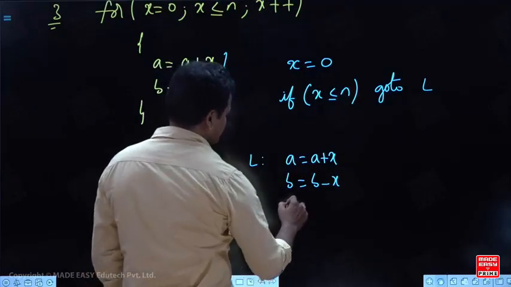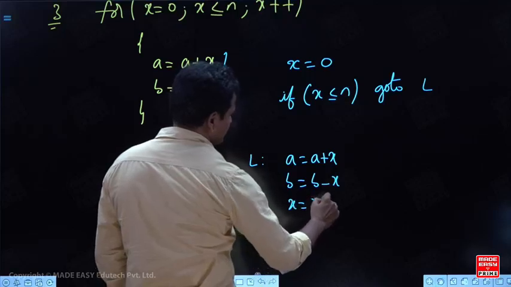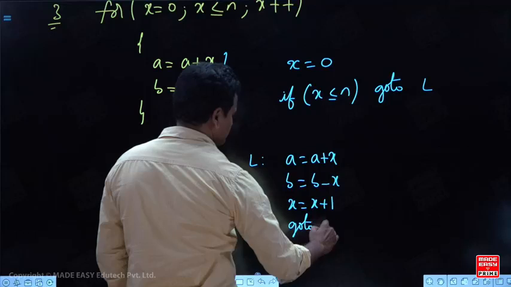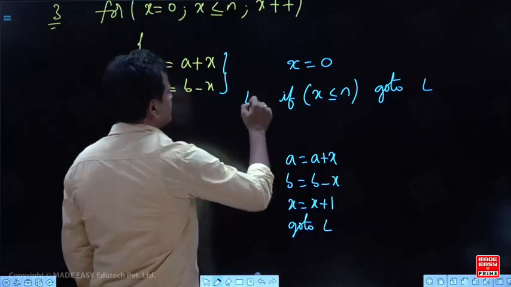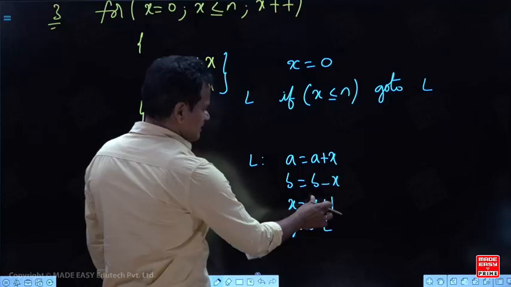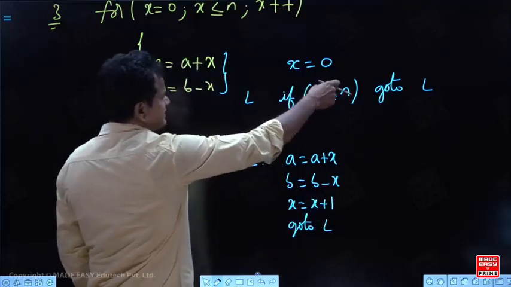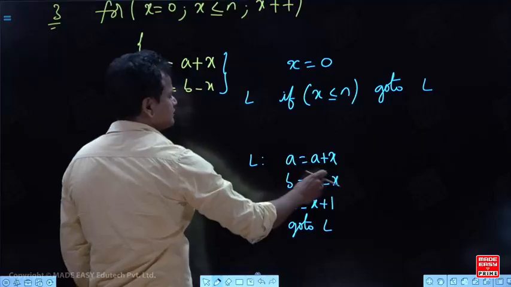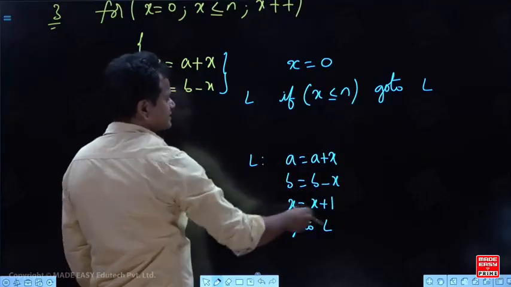For that, x equal to x plus 1, then go to this condition L again. Now x will be incremented and it will check. If x is less than n, it jumps to this L and does this again, and x will be incremented again, like this.